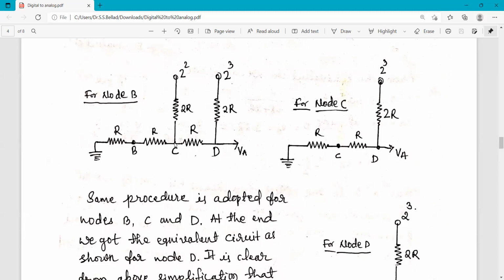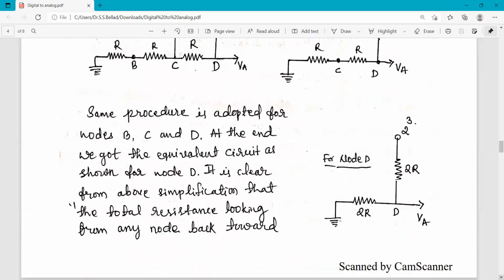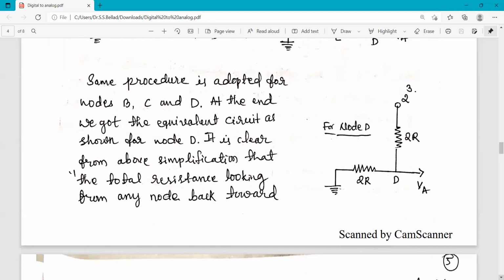So this is for node C. You can see for node C, the total resistance when you are looking back towards the terminating end is 2R, and the total resistance when you are looking towards the input end is also 2R. So in this way, this statement holds good for all the nodes present in the circuit.